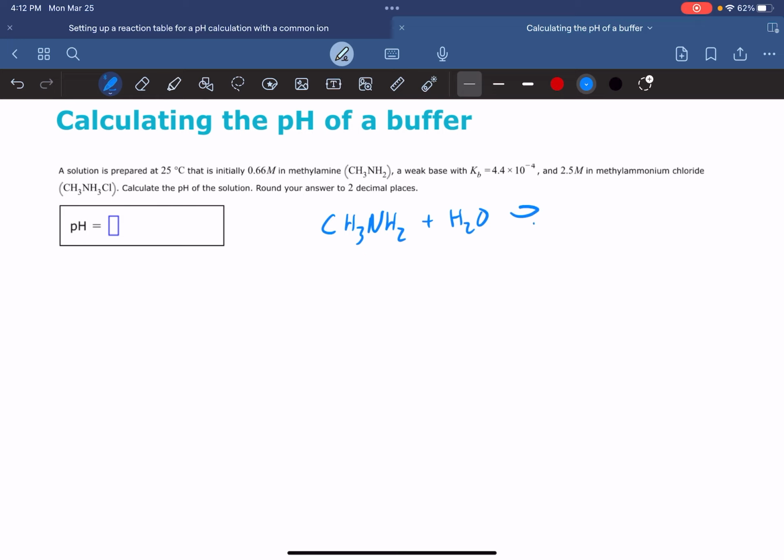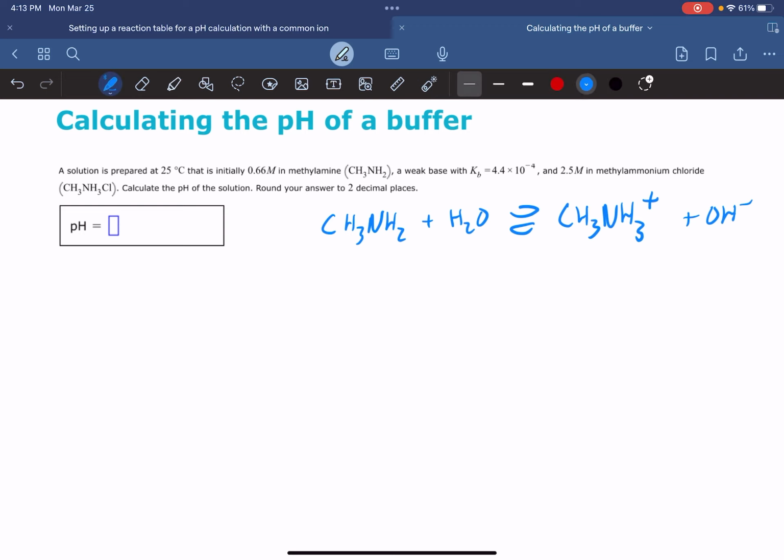And since this is a base, it's going to grab a hydrogen off of this. And what are we going to end up with? We're going to end up with CH3NH3 plus OH minus. Again, one of the reasons they really love using things like this is that it looks like it might possibly be an acid, but the fact that they tell you it's a weak base makes that a moot point.